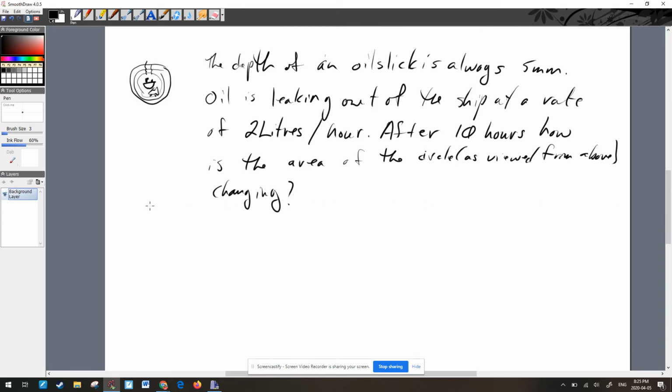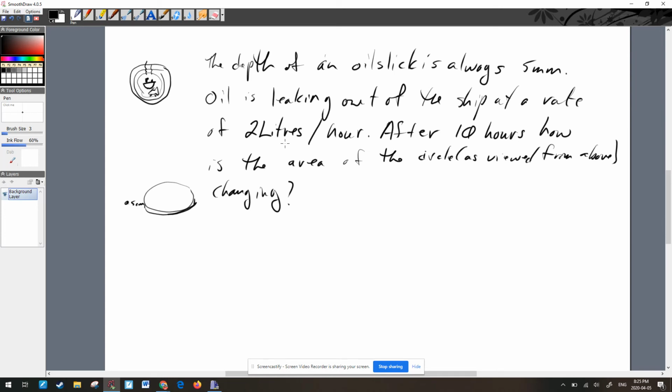Okay, so here's the thing. If we think about this oil slick, it is vaguely cylindrical, a very, very narrow cylinder, and we know the height of this cylinder is 5 millimeters, which is 0.5 centimeters.